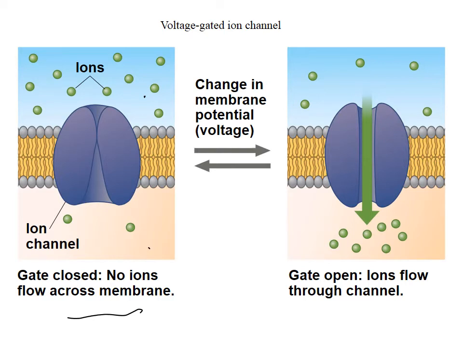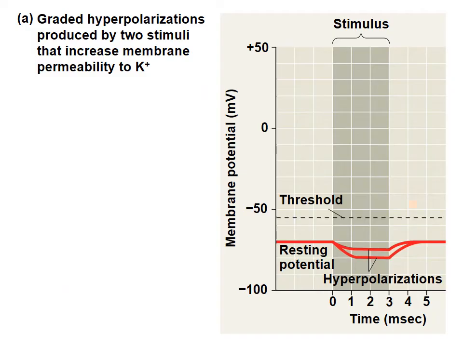All these ions are going to flow in because there's not that much inside, so it's going to equalize. That's going to change the membrane potential, and then you have hyperpolarization. We can have graded hyperpolarizations, which are produced by two stimuli and increase the membrane permeability to potassium.